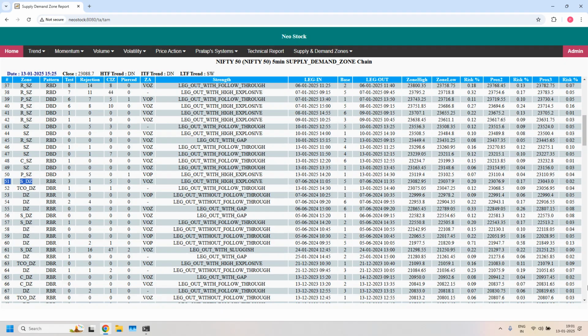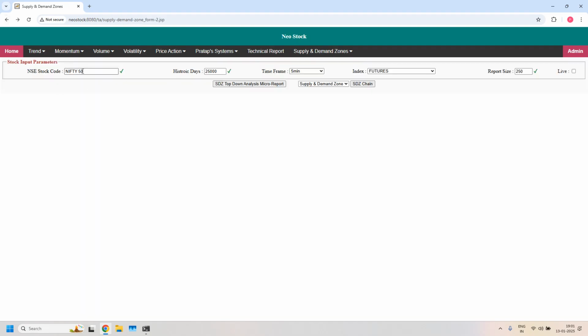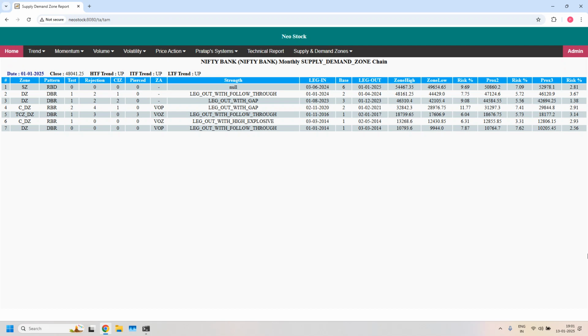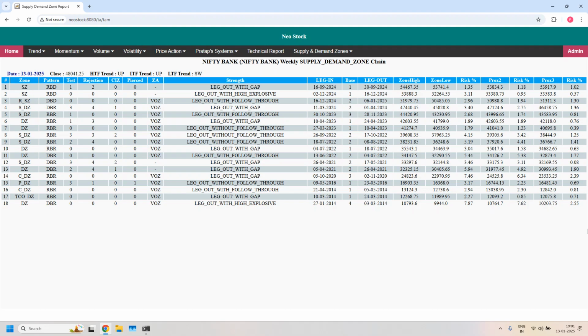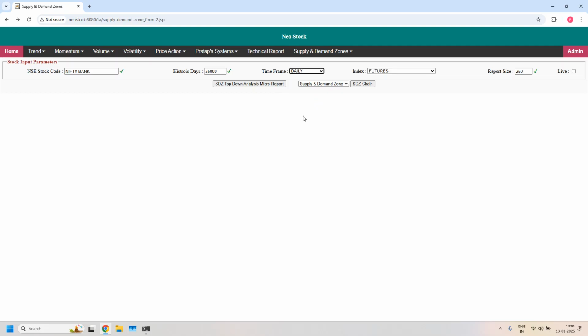Okay, this is about Nifty supply demand zone chain. Next, Bank Nifty supply demand zone chain I will generate. That is nothing but Nifty Bank. So monthly supply demand zone chain for Bank Nifty. Next, weekly supply demand zone chain for Bank Nifty. Next, daily supply demand zone chain for Bank Nifty.